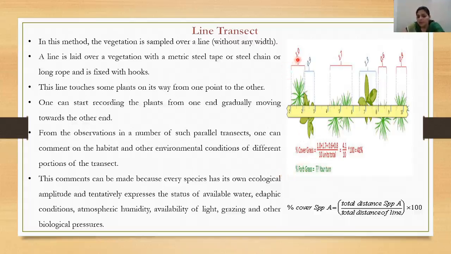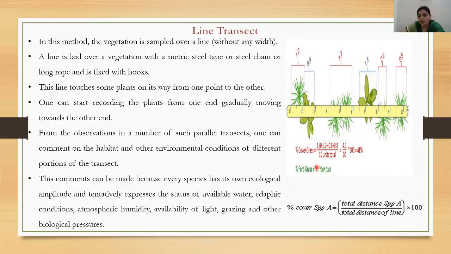It is 1.0 plus 1.7 plus 0.6 plus 0.8 divided by the total units. How many are the total units? These are 10. So divided by 10 total units, it gives us 4.1 divided by 10 into 100, that equals 41%. So that 41% is occupied by this cover grass.